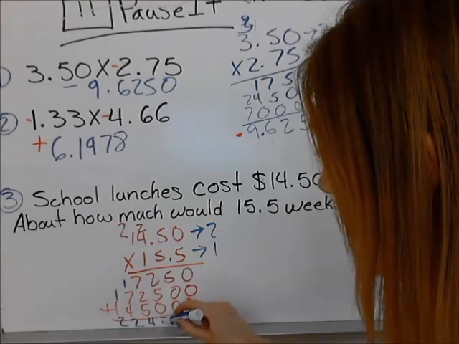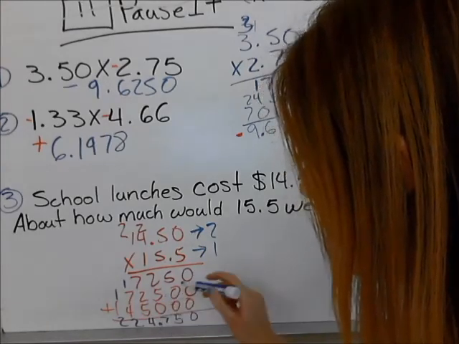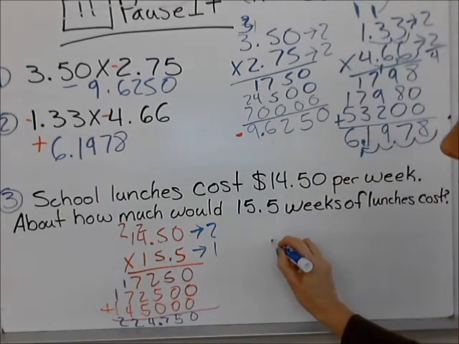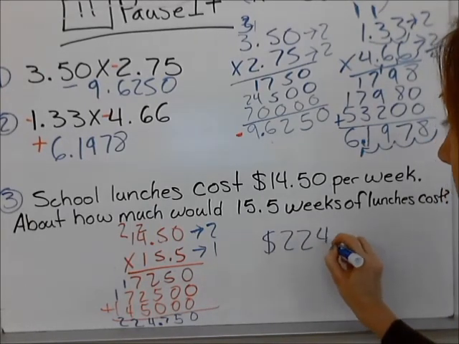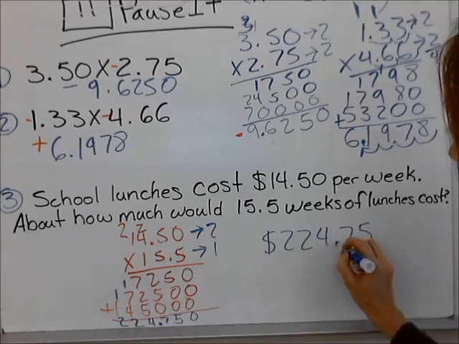That's 1, 2, 3 numbers behind the decimal. So school lunches would cost me $224.75.